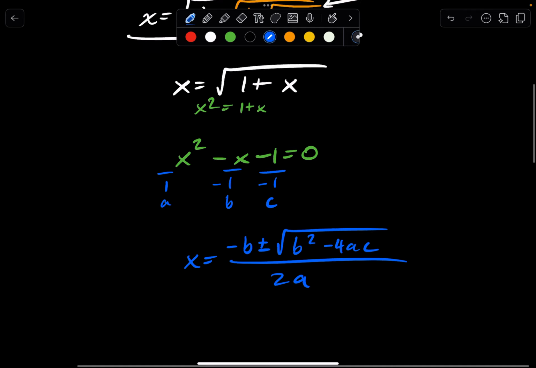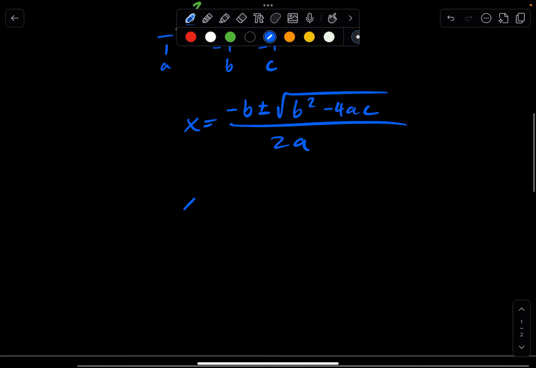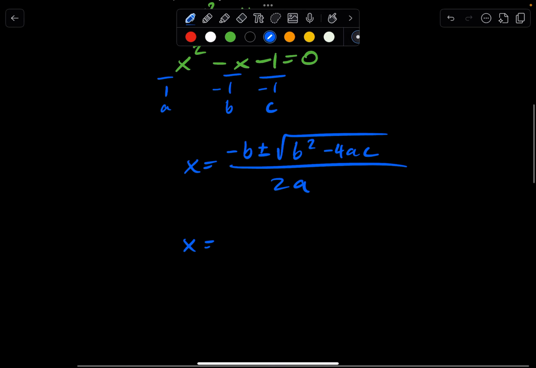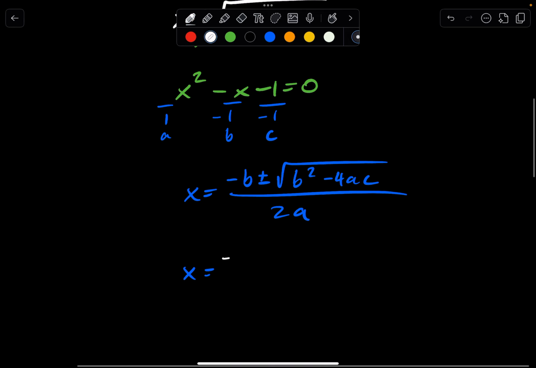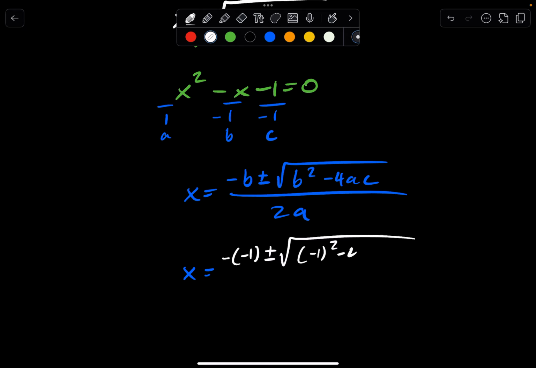So ladies and gentlemen, that means the solution to this is going to be x is equal to negative b. So negative b is going to be negative negative 1 plus or minus, and we'll address this in just a second, square root of b squared, negative 1 squared, minus 4ac all over 2a.